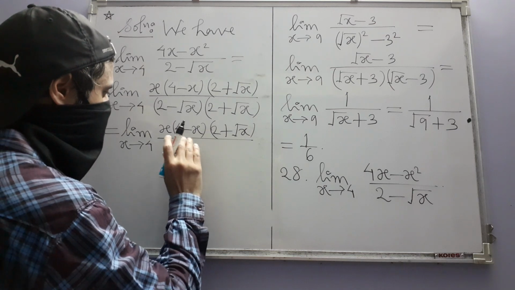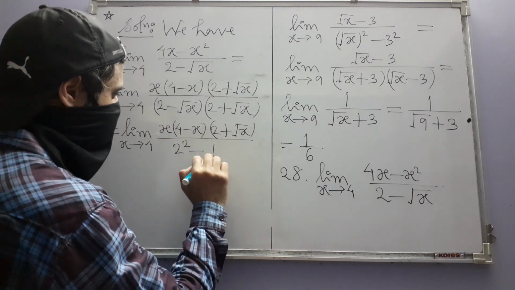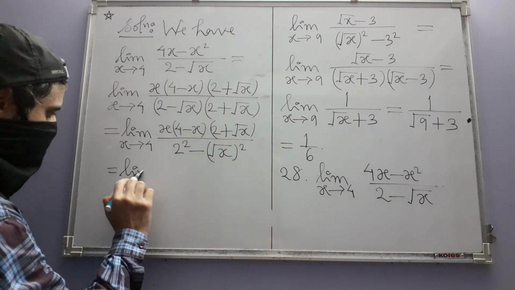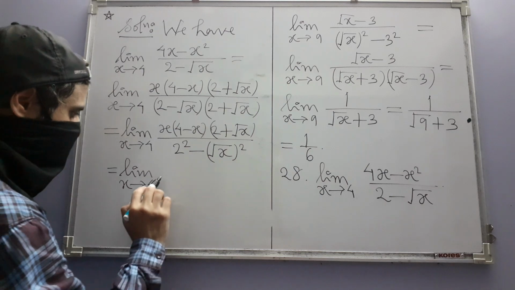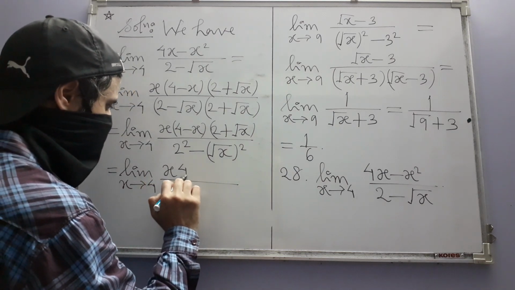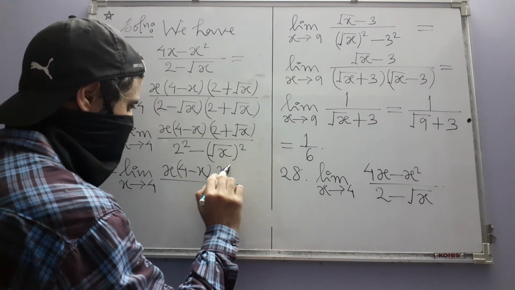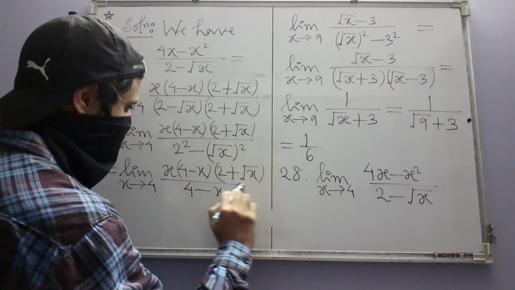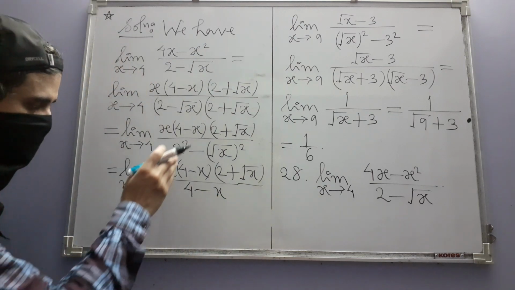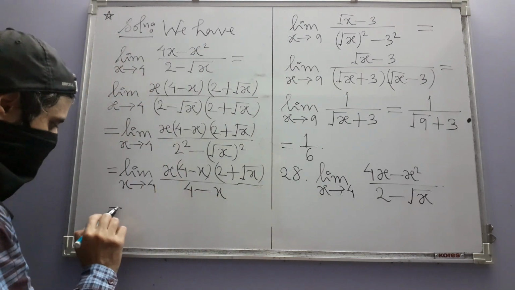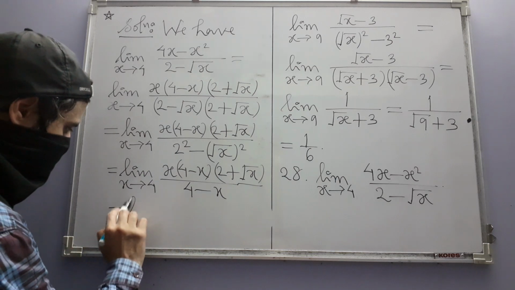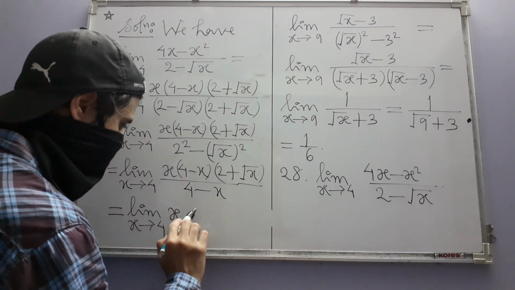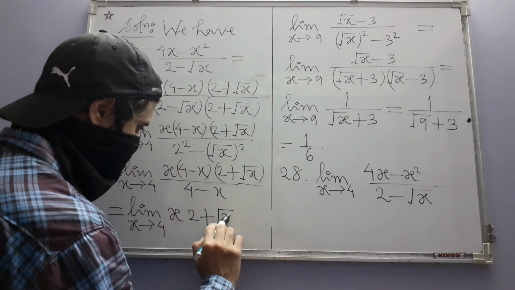So this now becomes this, which again gives us four minus x. So that's how we have brought 4 minus x in the denominator, and we can now cancel it. After the cancellation, we are left with this.